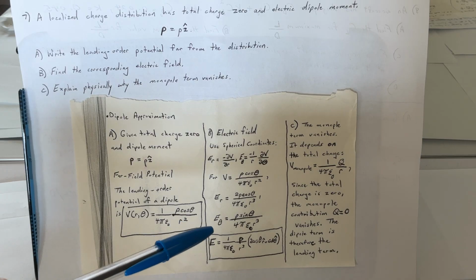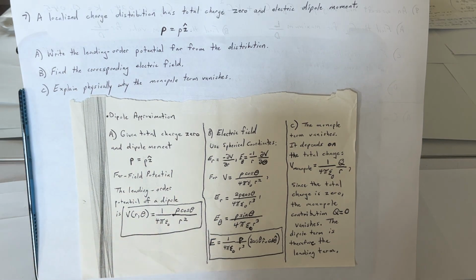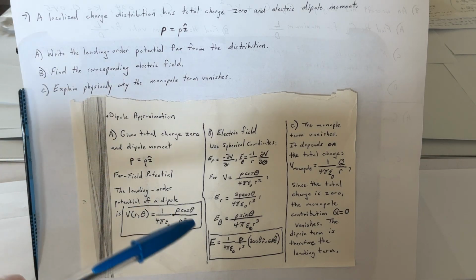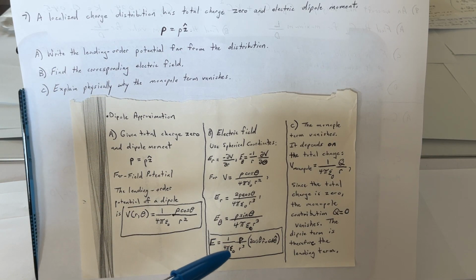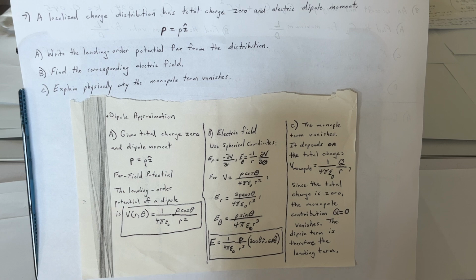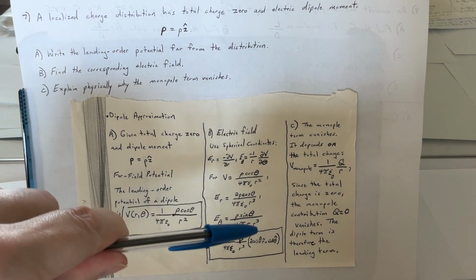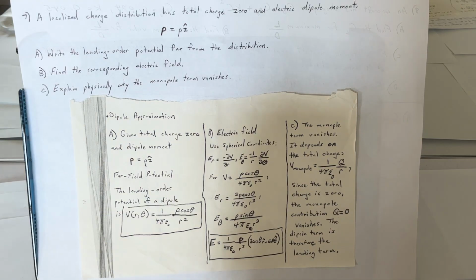And E sub theta equals p sine theta over 4 pi epsilon naught r cubed. So our electric field that corresponds to this is 1 over 4 pi epsilon naught times p over r cubed times the quantity 2 cosine theta r hat plus sine theta theta hat. Okay.